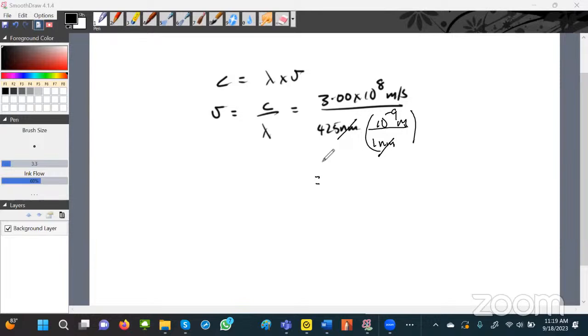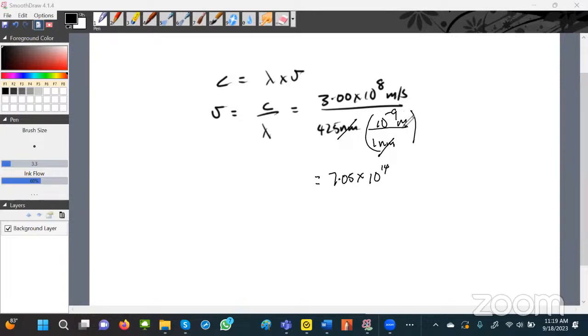So let me do that right now. 3 times 10 to the 8 divided by 425 times 10 to the minus 9. And according to my calculations, this works out to be equal to 7.05 times 10 to the 14, I'm sorry.